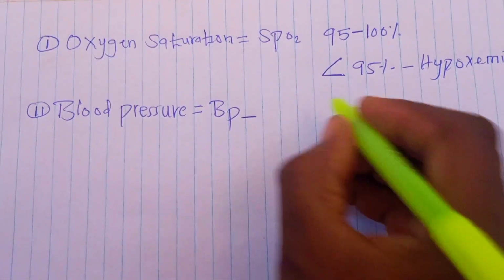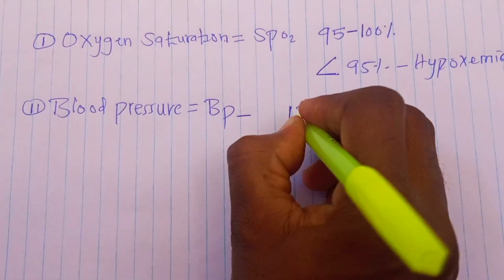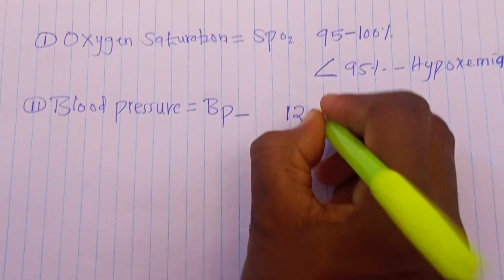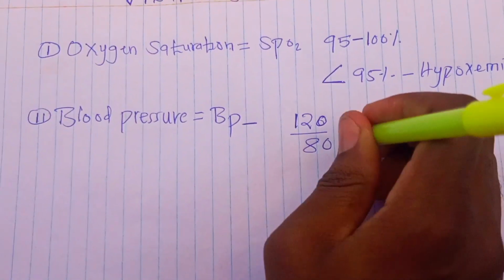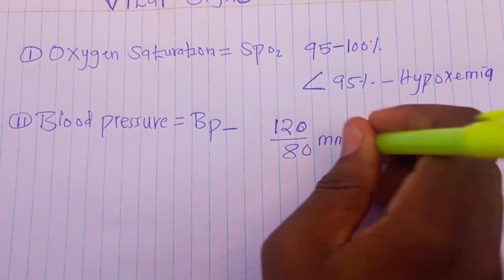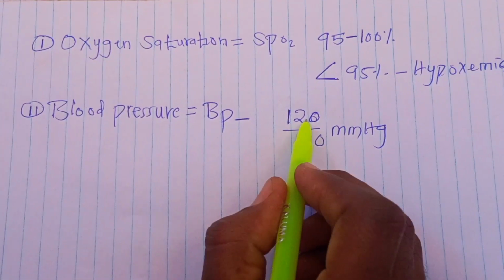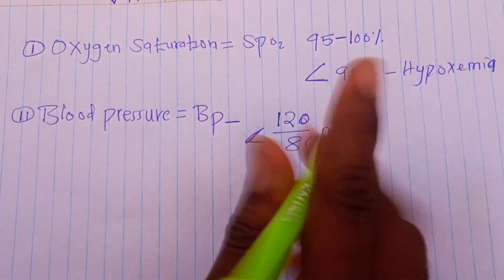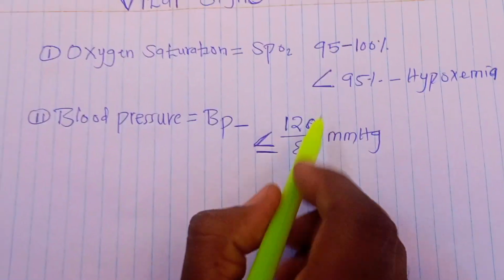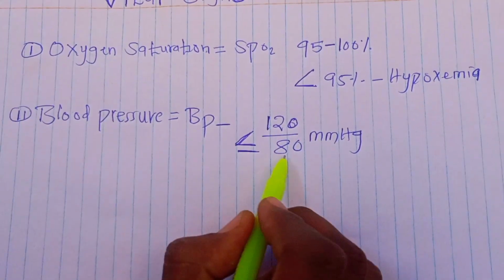A normal blood pressure is 120 over 80 mmHg. A normal blood pressure reading is less than or equal to 120 over 80 mmHg.